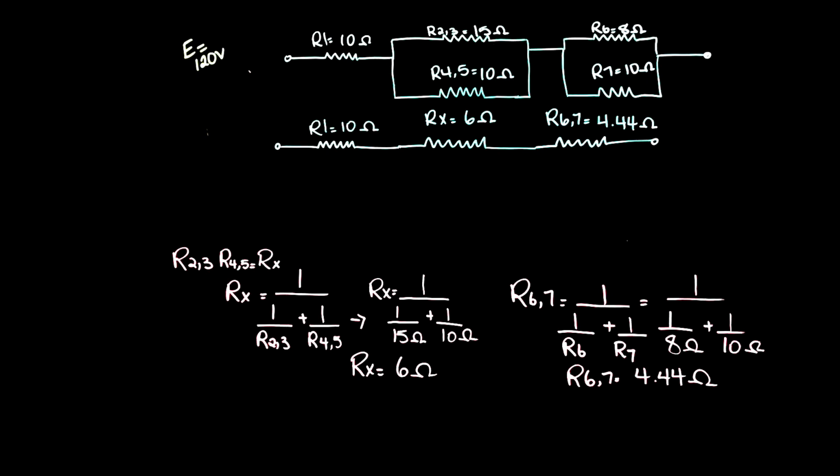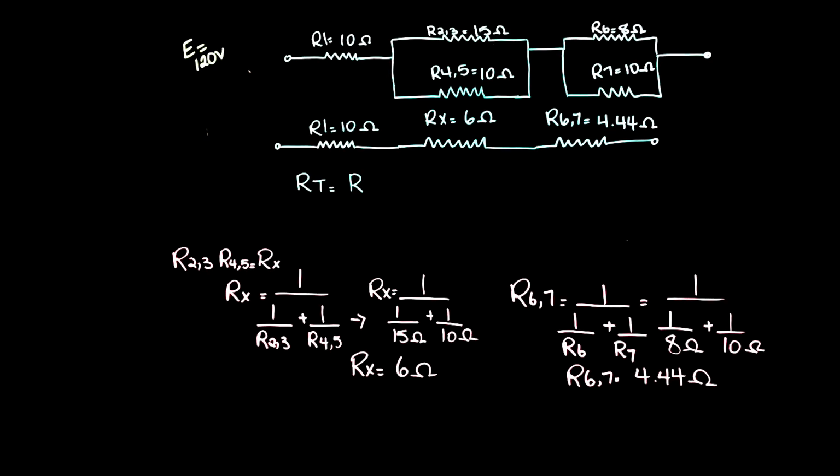So at this stage in the circuit, we are left with 3 resistors that are wired together in series. Therefore, we are now able to get our resistance total simply by adding these values of resistances together. So resistance total in a series circuit is additive.